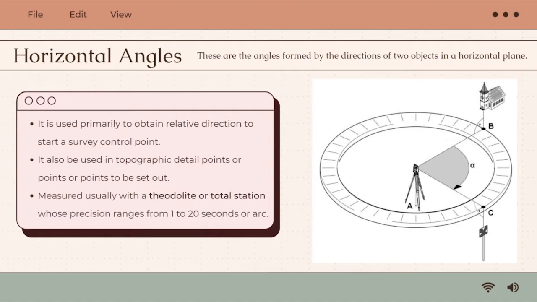And usually, horizontal angles are measured with a theodolite or a total station whose precision ranges from 1 to 20 seconds of arc. So seconds are one of the unit measurements used in determining the angles, while the other two are the degrees and the minutes. The degrees are the largest unit of measurement used in determining the angles, while the smallest one is the seconds.